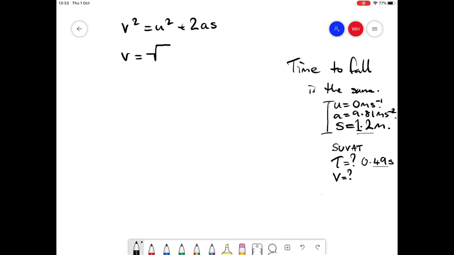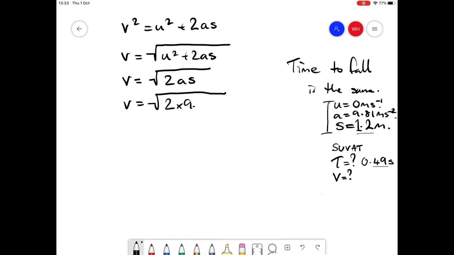V equals the square root of u squared plus 2as, but then u is 0, so it's the square root of 2as, which is the square root of 2 times 9.81 times 1.2, answer 4.9 meters per second.